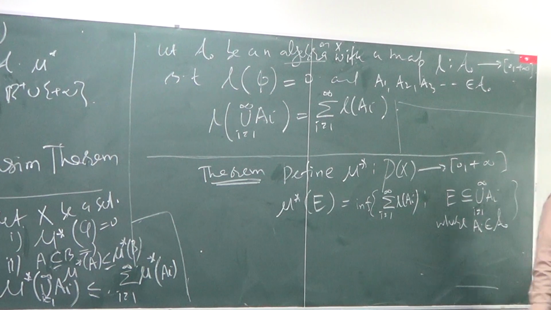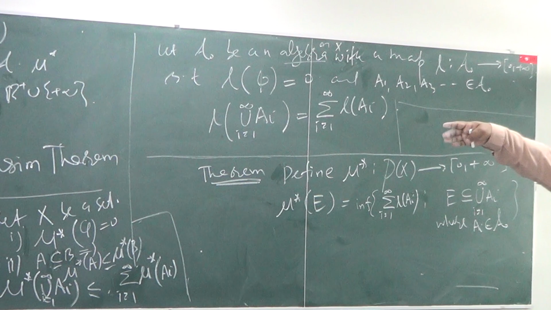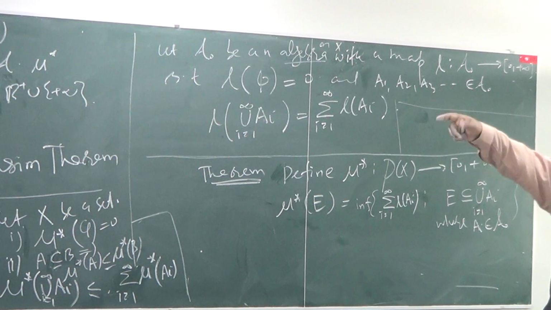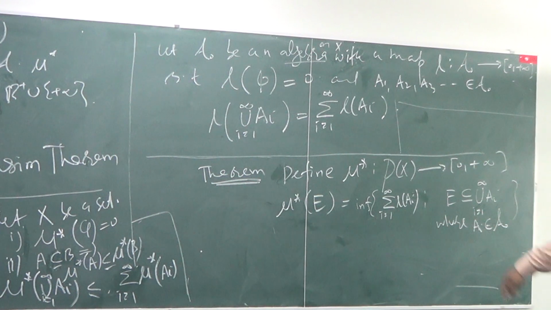This whole theorem would work if you have an algebra and some notion of length associated with that algebra which satisfies these two properties. Are you getting the point? If you have this, then you can construct an outer measure, hence a measure. In our particular case, our usual notion of length has both of these properties.